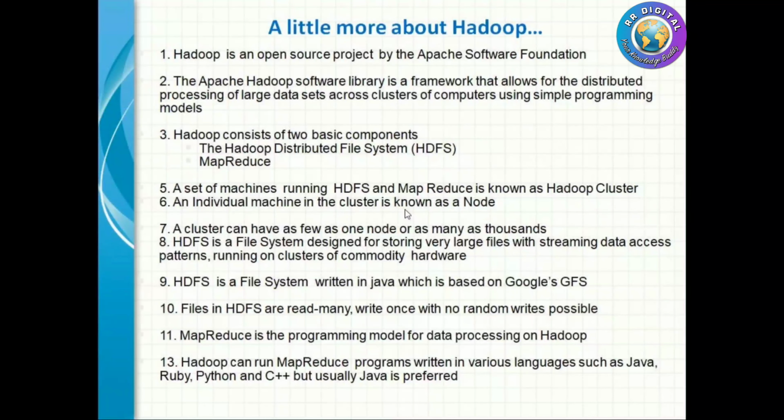Basically here we have two important concepts. One is HDFS, the Hadoop Distributed File System, and the second is MapReduce. HDFS basically allows you to store the data. A set of machines running HDFS and MapReduce is known as a Hadoop cluster.